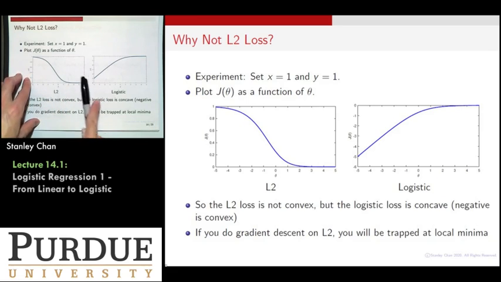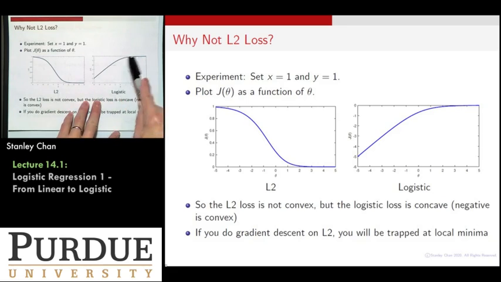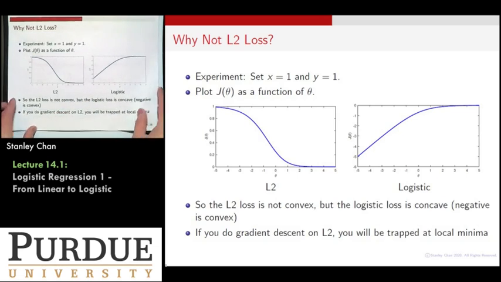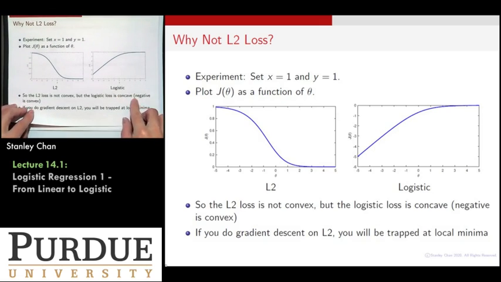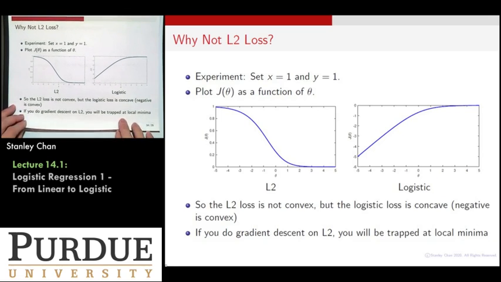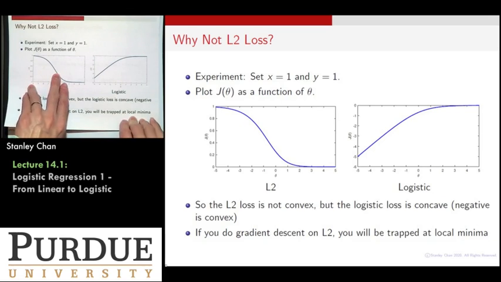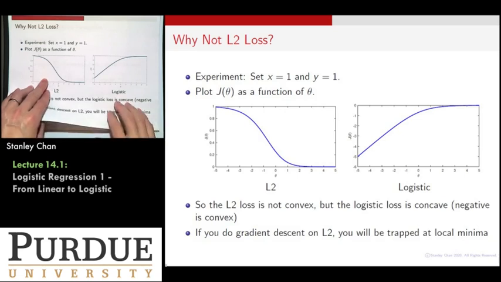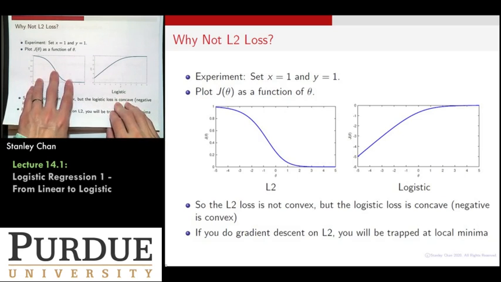So it's a concave-convex function. And for this one, you have a convex function. By the way, concave means negative convex. So if you do gradient descent, you might be able to get stuck in a local minimum. This 1D case may not show it. However, for high dimensional problems, you will see a lot of trouble in using the L2 loss.